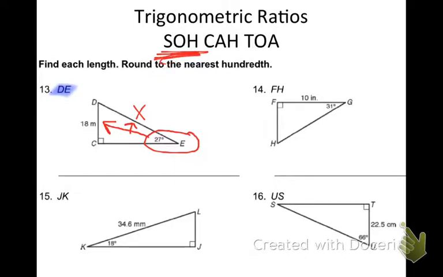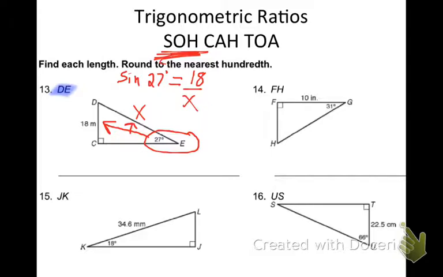So I'm going to take the sine of 27 degrees, because that will equal the opposite over the hypotenuse. And just like that, it's the exact same problem we had in our first warm-up.